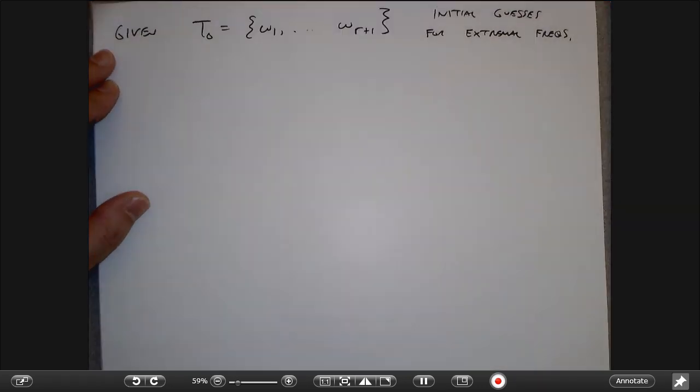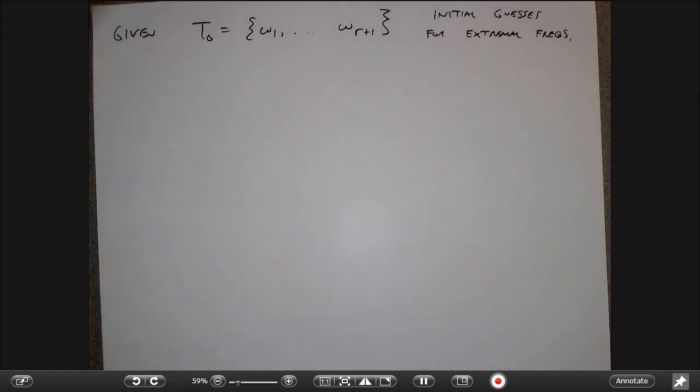I could just initially guess them to be evenly spaced across the 0 to pi band. Or if I have a transition band, then I would space half of them in the pass band, half of them in the stop band. Let's see what happens.